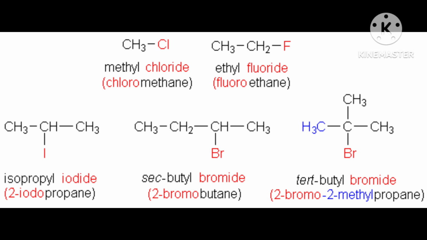Constant boiling with HBr, HBr should be 48%, is used for preparing alkyl bromide.